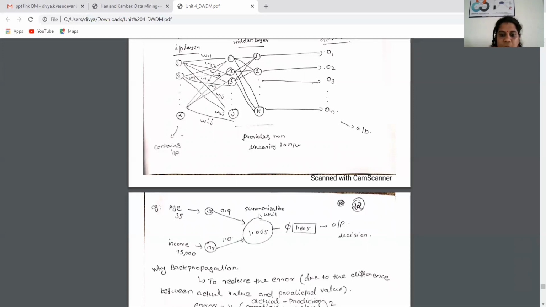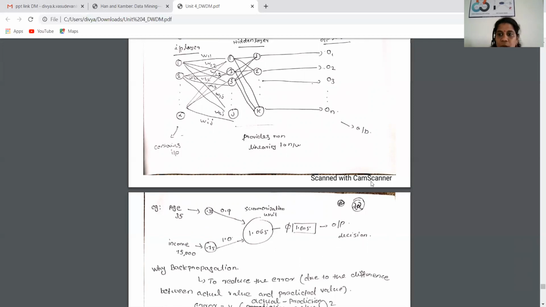Now calculating the sum, 0.35 into 0.9 plus 0.75 into 1, we get 1.065. This is the summation unit. Then the summation is applied to the activation function, and we get the output. The output will be the decision that needs to be taken. So this is an example of a small neural network.